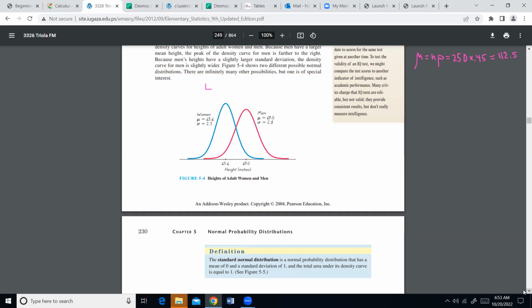So any population that you encounter is distributed normally. And that's why it is so important to learn this story.